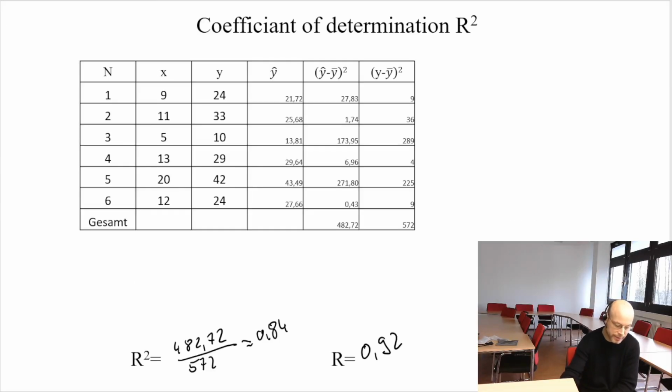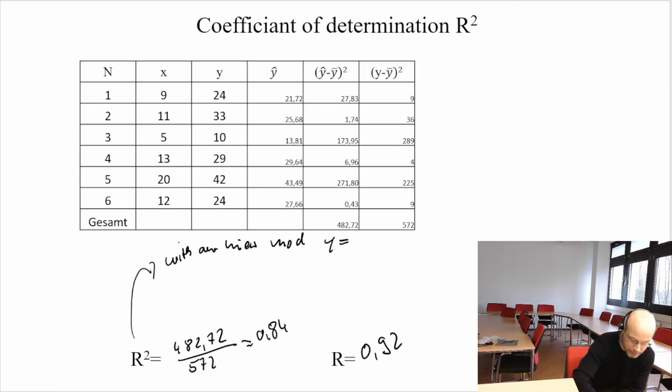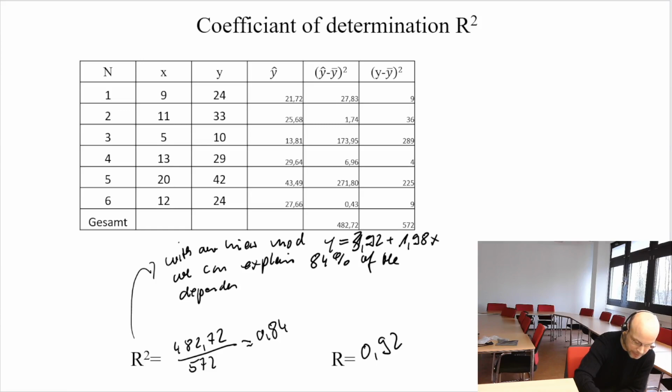So here in this case, with our linear model, and this was y equals 3.92 plus 1.98 times x, we can explain 84% of the dependence between x and y.